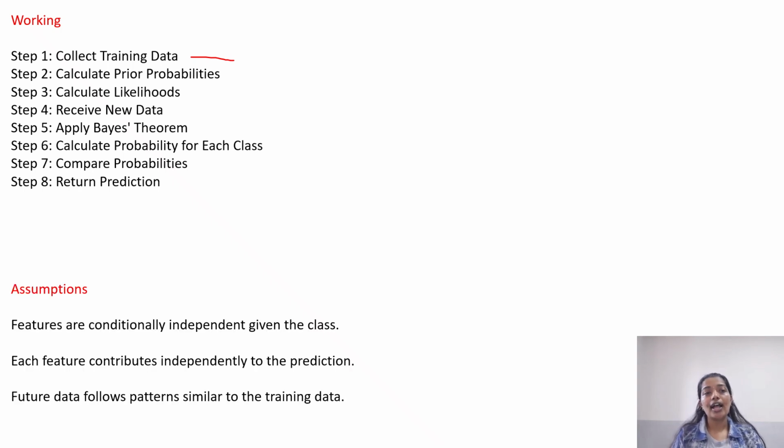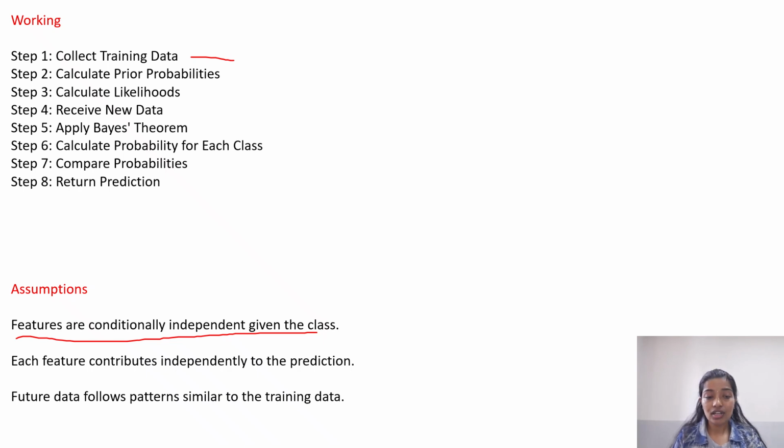Then, as the KNN algorithm had its own assumptions, even the naive Bayes algorithm has its own assumptions. The very important assumption of naive Bayes is feature independence. It assumes that all the features in the dataset are independent of each other. The second assumption is that all the features contribute independently in making the prediction.